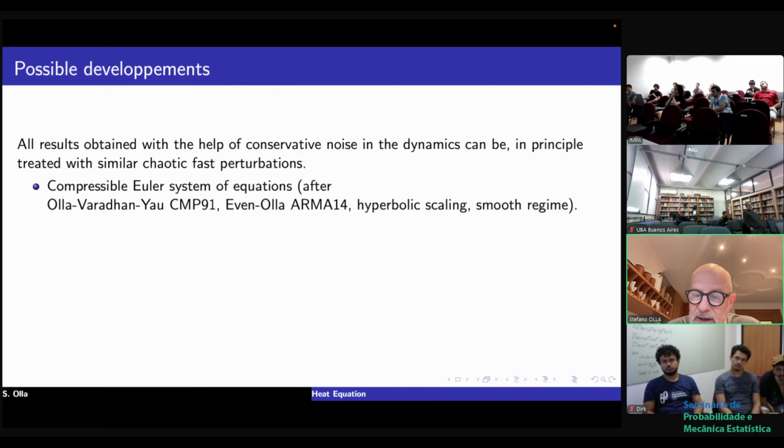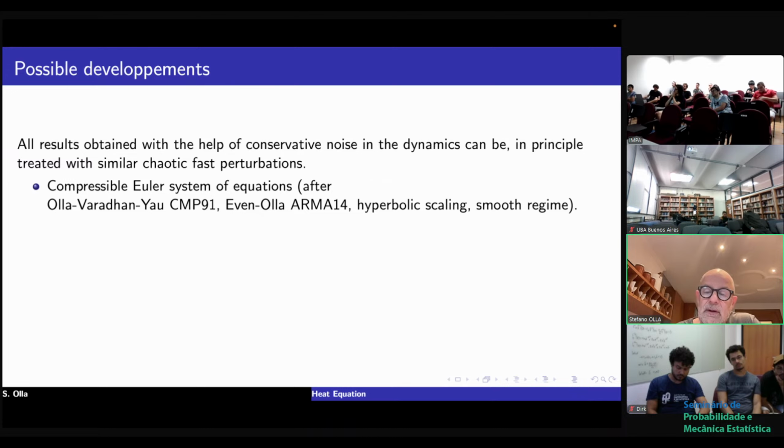So we have the three conserved quantities. It will be interesting to do this, and it will be nonlinear. It's possible to do things for the nonlinear case because we are in hyperbolic scaling. There are no non-gradient problems arising. And I think it should be possible with this technique to obtain the compressible equation from a completely deterministic dynamics with this type of noise.